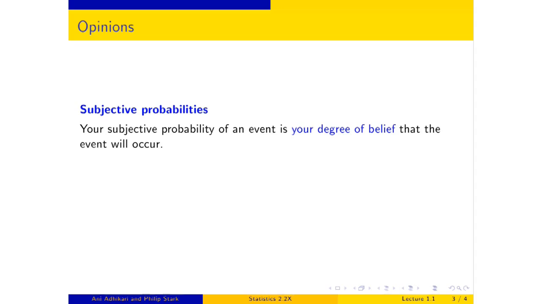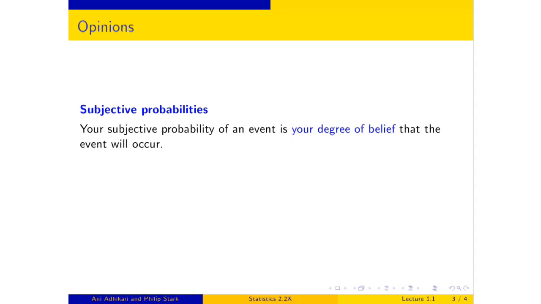So, for example, if you've got no clue about the event, you have no specific knowledge about it whatsoever, you might say, I've got no idea. I'm just going to say the probabilities are half. But if you are in some way an expert in a subject area, you might have a sharper idea of probability than that.